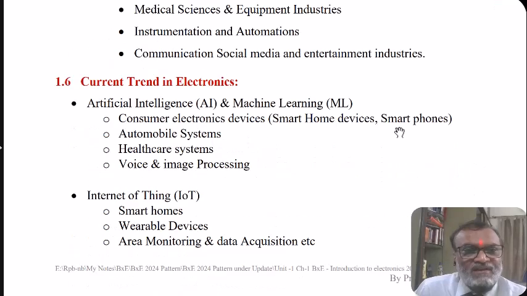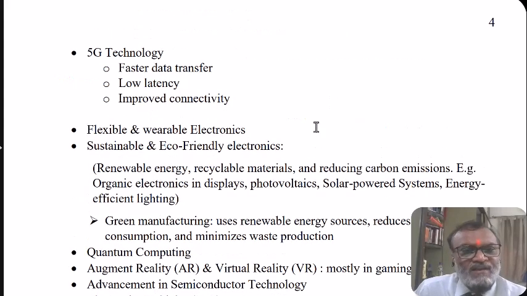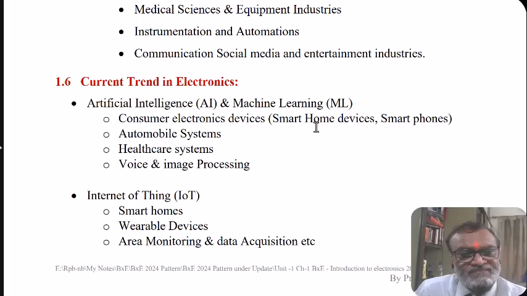Now, if you see the current state of the art of technology, we are currently in the era of artificial intelligence and machine learning. This AI and ML is used today even in consumer electronic devices like smart home devices and smartphones, automobile systems, healthcare systems, voice and image processing. The second era is Internet of Things, IoT.